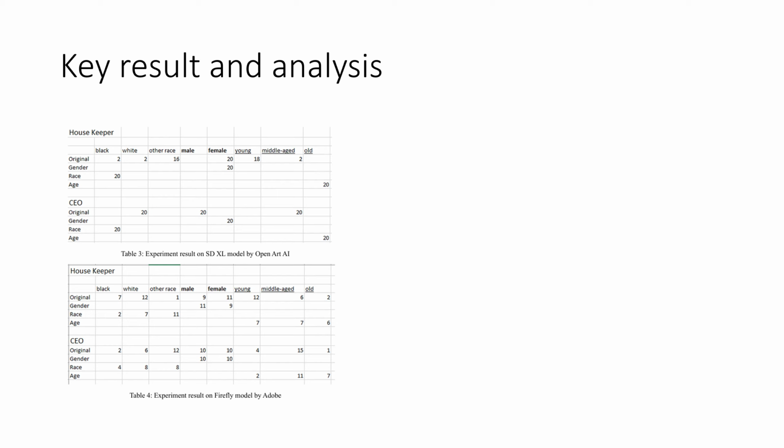Similarly in the generation of CEO, the SDXL model will keep producing 20 middle-aged white males. When improving the prompt using ethical intervention, we keep getting 20 images of woman, black, and old person, respectively. The result on the Firefly model is unsurprisingly unbiased, as we saw in the bias detection experiment.